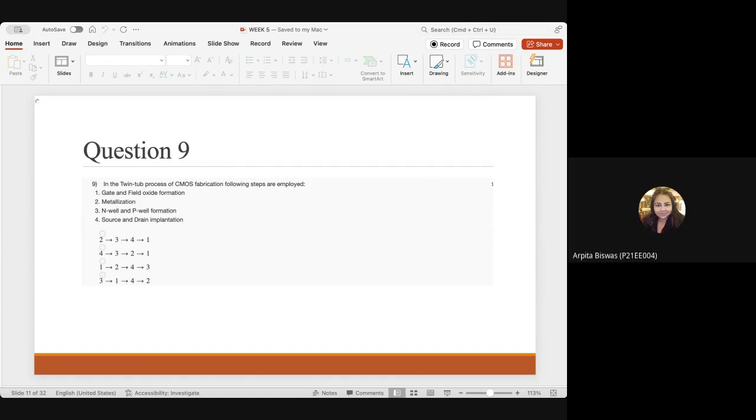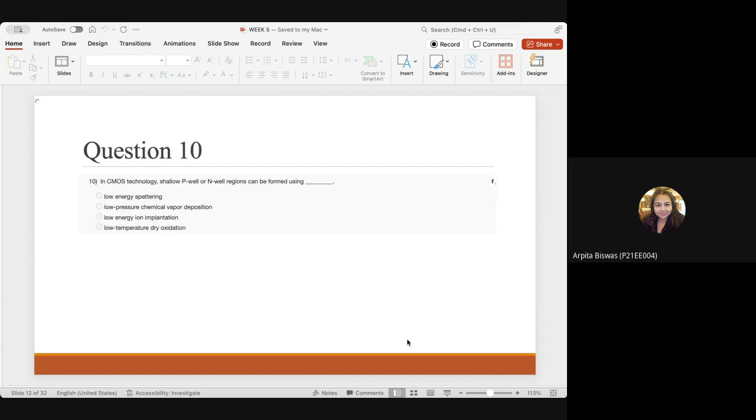Can you explain a little bit? Ma'am, the fourth option is correct, but I didn't know correctly, ma'am. To make the N-well and P-well formation. Okay, then we have to prepare the gate and field oxide formation, and after that source and drain implantation is happening, and the final stage is the metallization. So option D is the right answer.